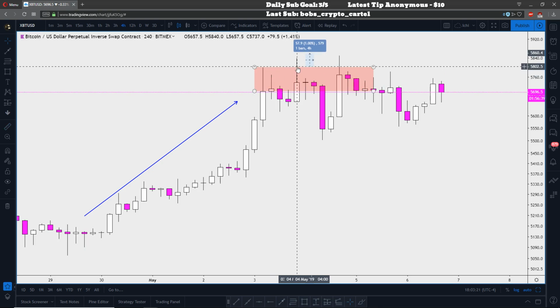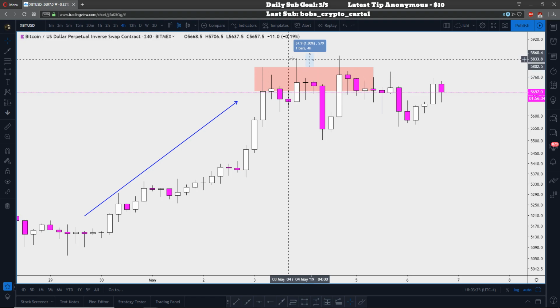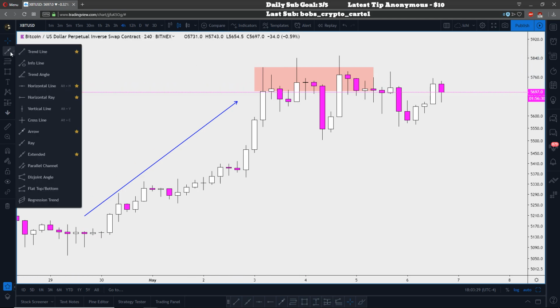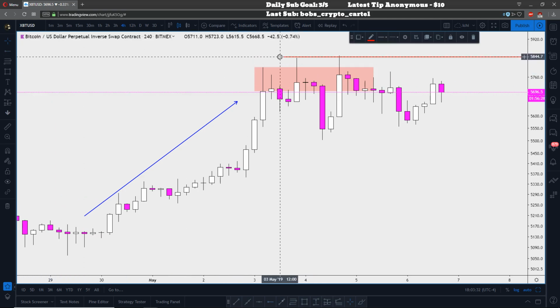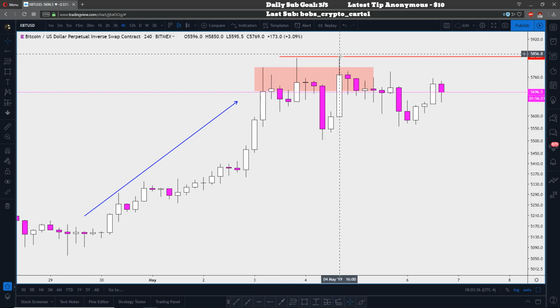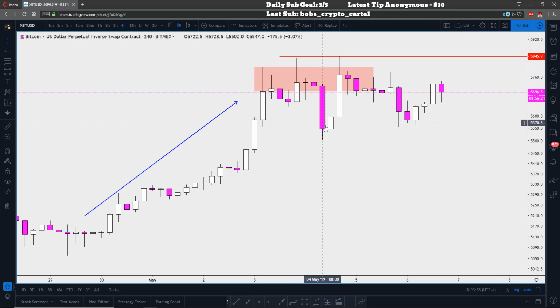So once it wicks up and you're already filled and it comes back down, you can lower your stop loss to wherever that wick was. So you could lower your stop loss to above the wick, which you would have got stopped out here, but you would have already taken profit on the move down.